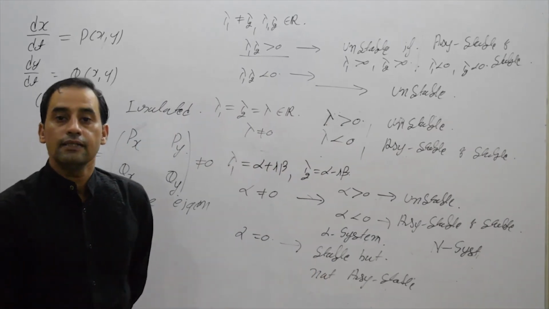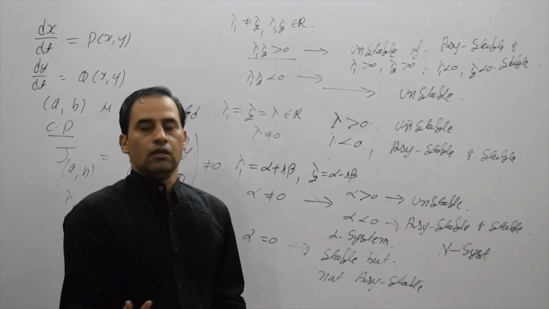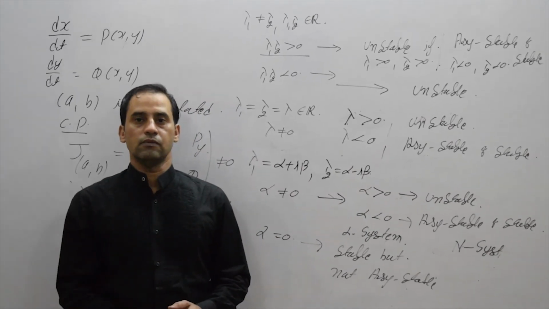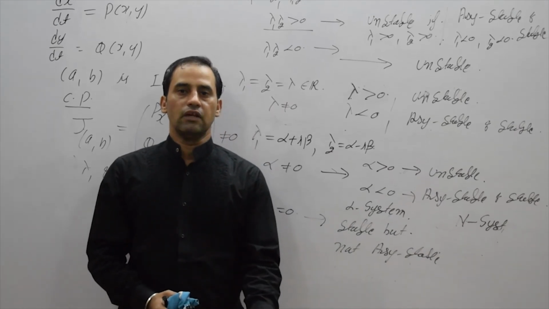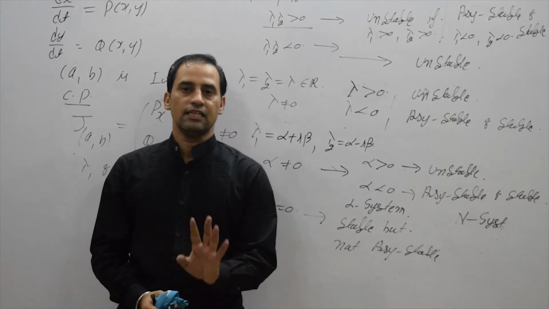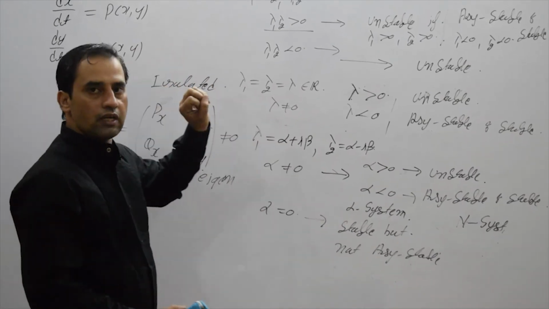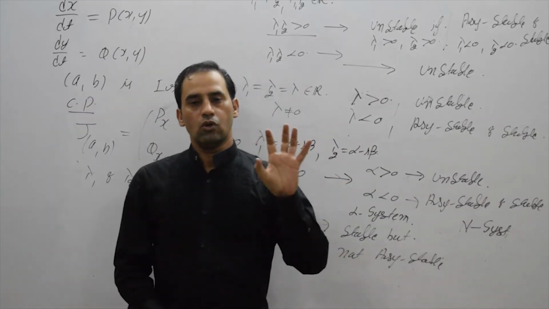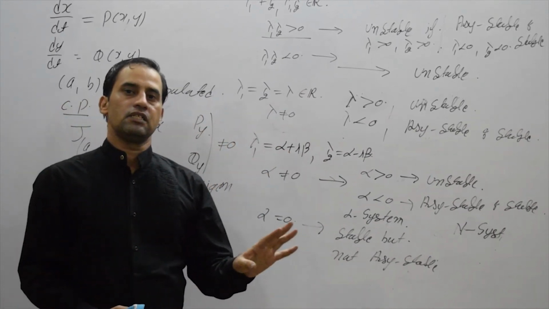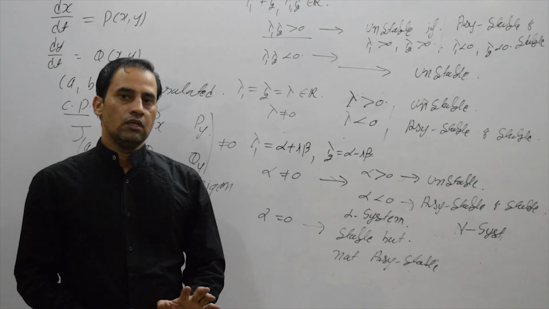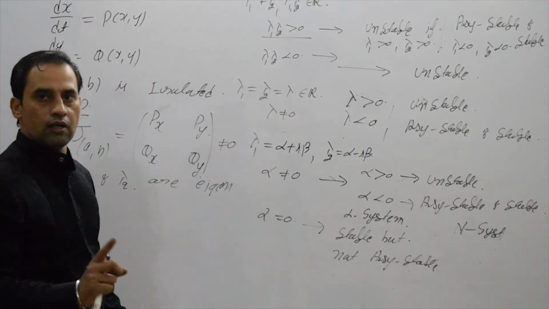It can be unstable, asymptotically stable, or stable but not asymptotic. There is no classification; it depends on the given differential equation. So these are the categories for classification of the critical point, whether it is a spiral, node, saddle point or center, or whether it is unstable, stable or asymptotically stable, just based on this Jacobian matrix. You can use this method for a linear system or non-linear system.